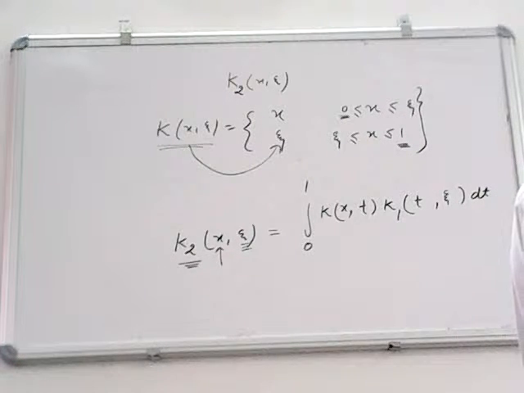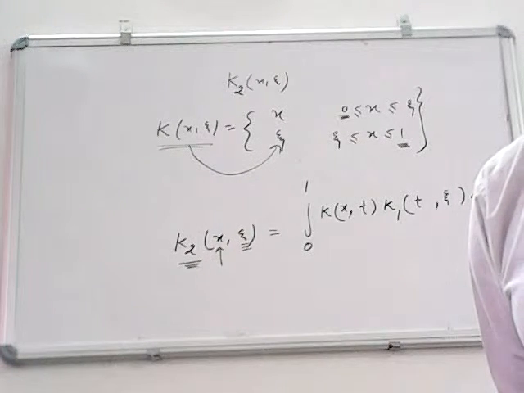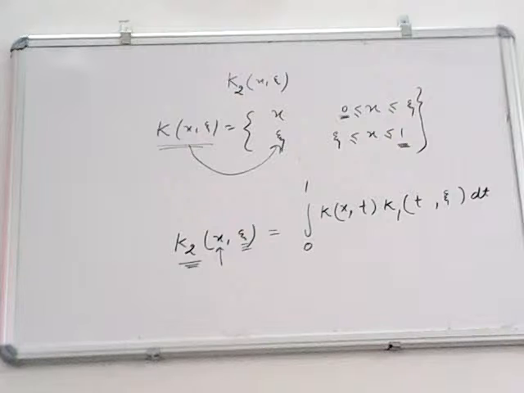Now we have to calculate K2. But as you can see, for the kernel we have two values. When x is less than or equal to ξ and greater than or equal to 0, our kernel is x. And when x is less than or equal to 1 and greater than ξ, we have the kernel value as ξ.